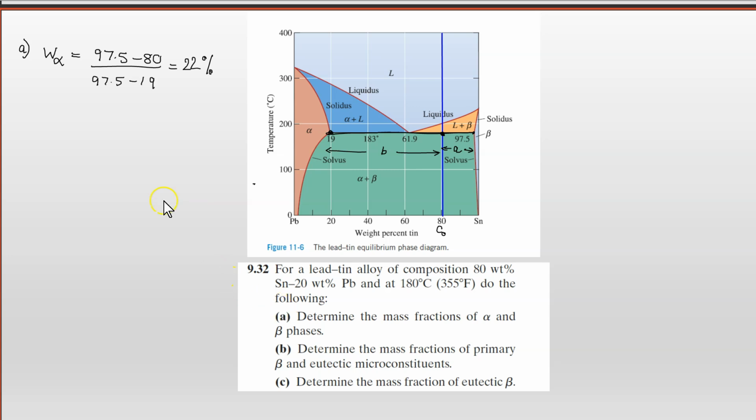To find the weight percent of beta, the easiest thing to do is we know that these two must add up to 100%. So we can do 100 minus 22, which is equal to 78%.